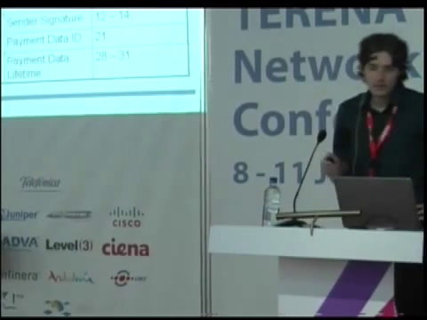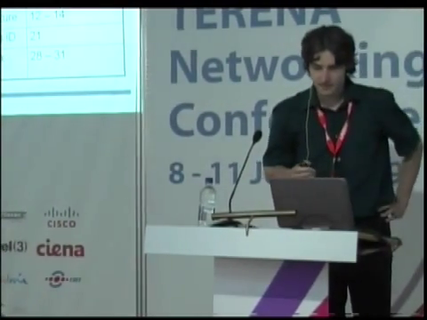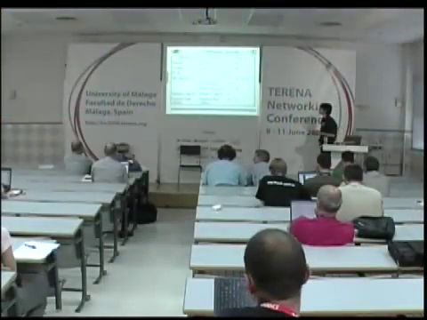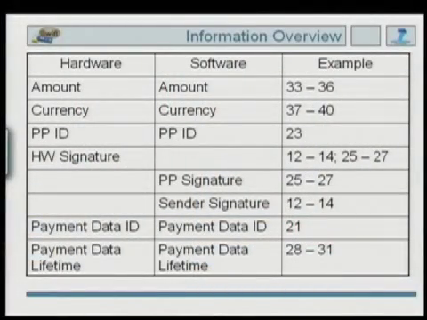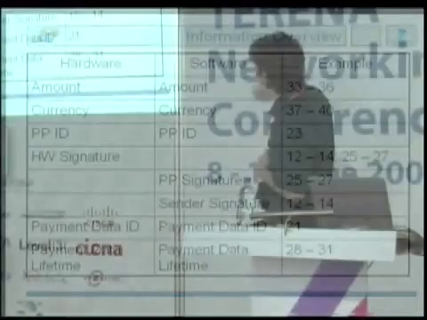And the information required by the hardware or by the software approach could be found here in the example. I've listed it here: the amount, the currency, payment provider ID, hardware signature, payment data ID, and payment data lifetime for the hardware approach may be found in the lines of the example.